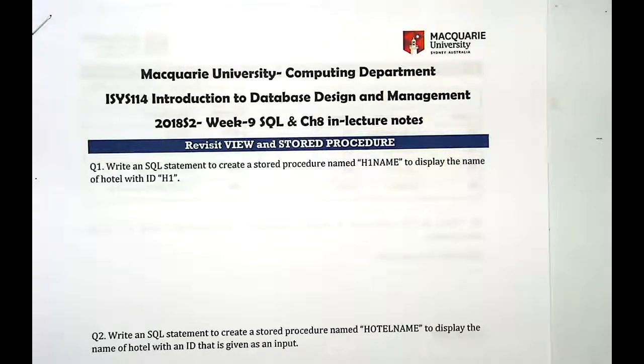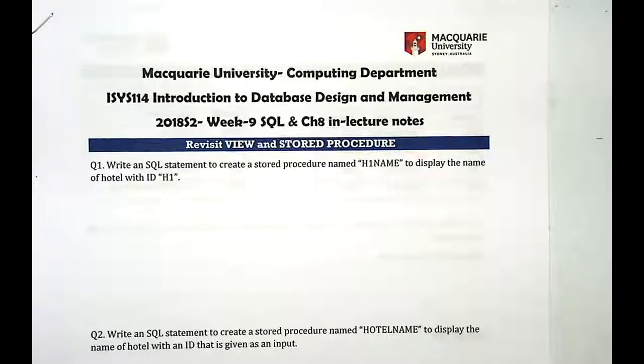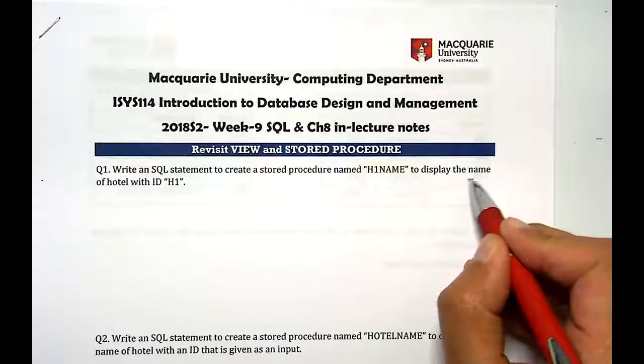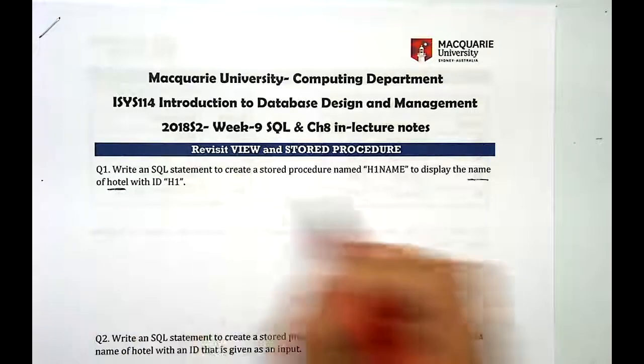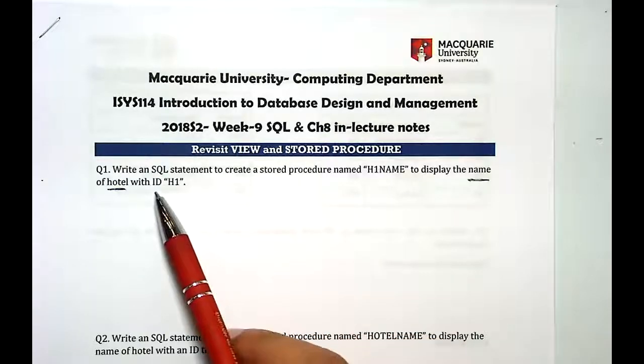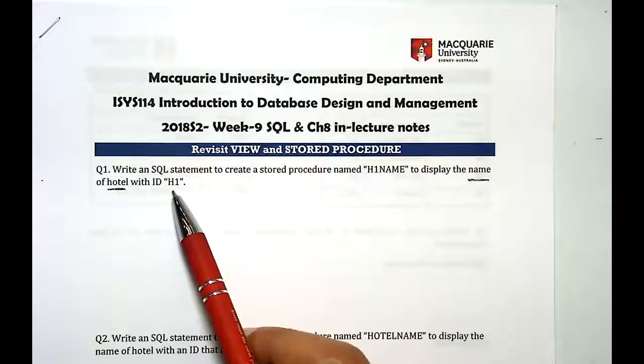How can we do this query? This is a simple one. What I need to display here is only the hotel name, so this is what I'm going to have in my select section. And my condition is hotel ID is H1.